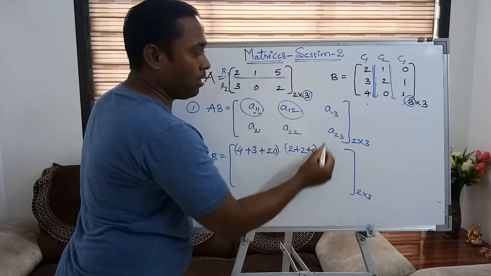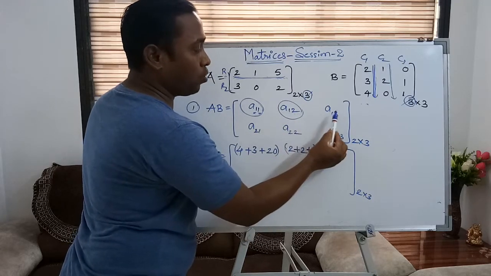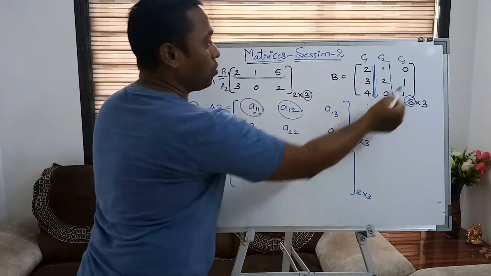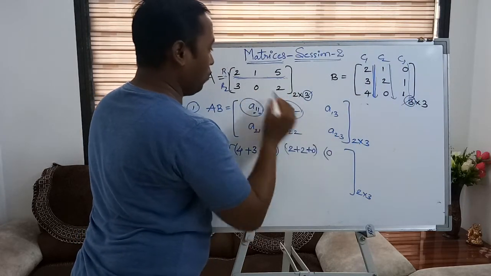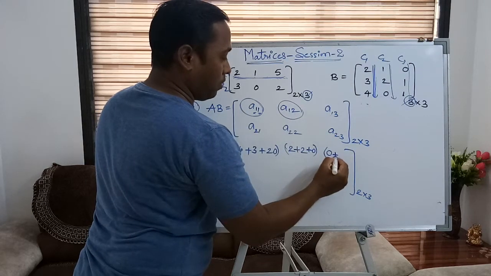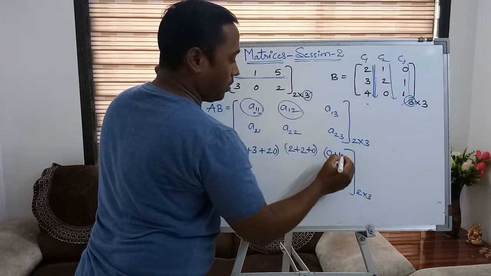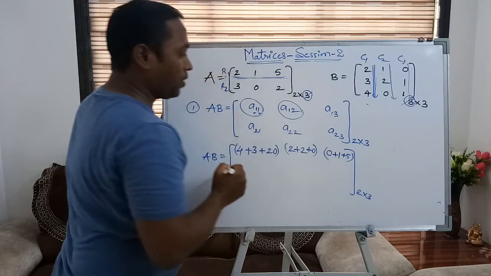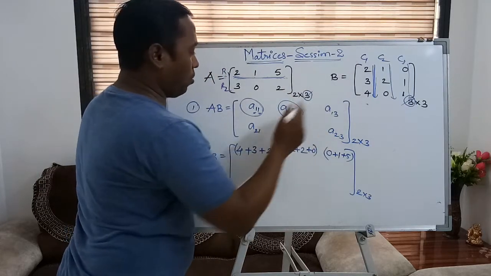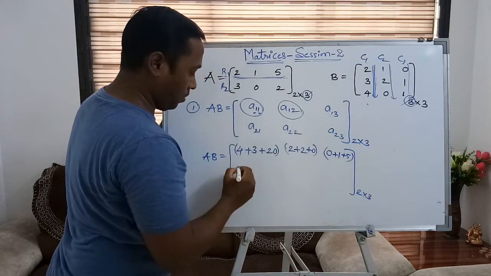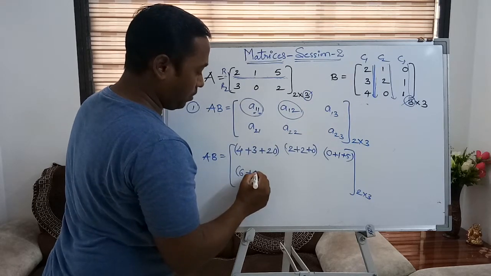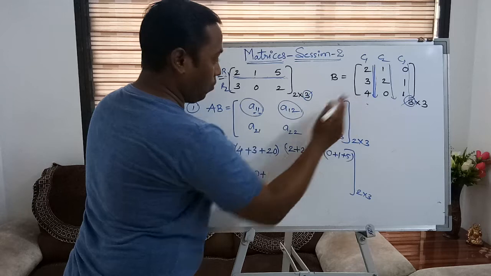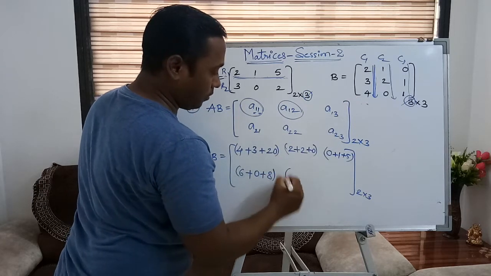In a similar manner, A13 means first row, third column. So 2 0s are 0, 1 1s are 1, 5 1s are 5. Now second row, first column: 3 2s are 6, 0 3s are 0, 2 4s are 8.